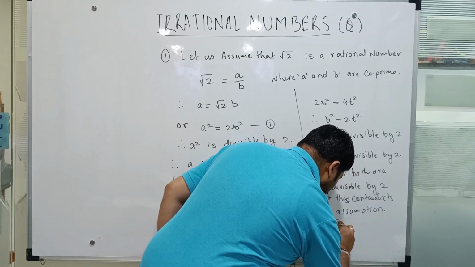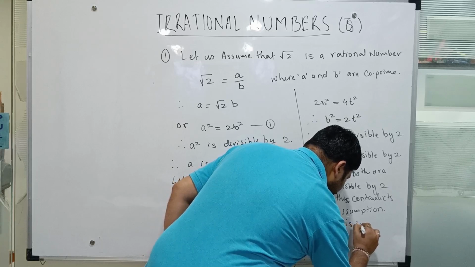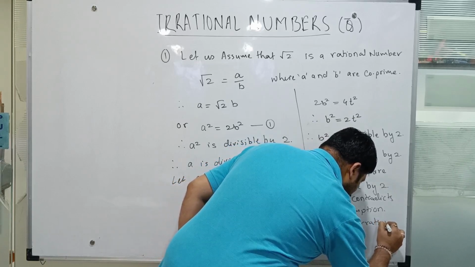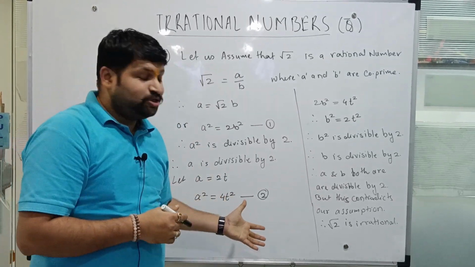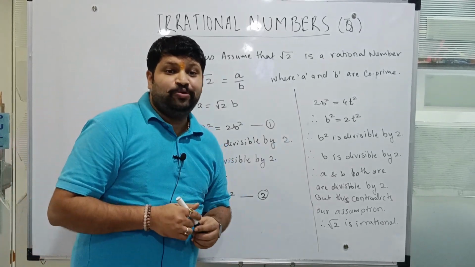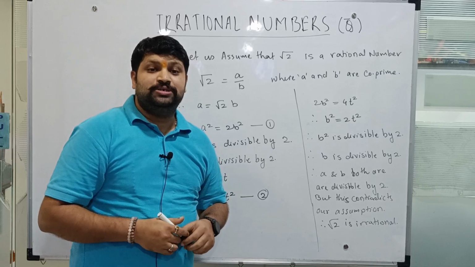Therefore, root 2 is irrational. And there we have it, friends. We have ended up proving that root 2 is an irrational number.